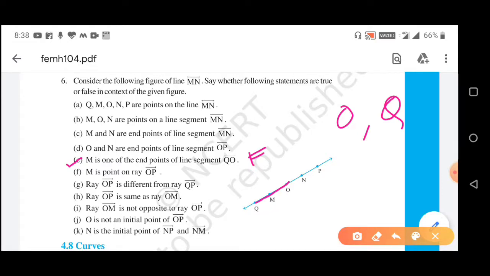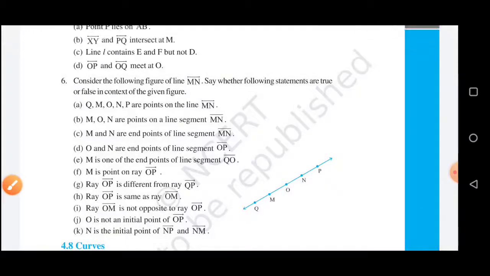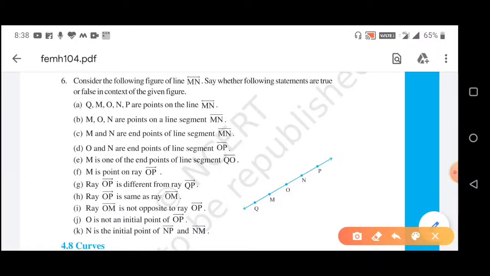Question number F, M is point on ray OP. So, here question number F is talking about M is a point on ray OP. Since we are talking about ray OP, that means the starting point is O. So, M is outside the ray OP. So, M is not a point on OP.